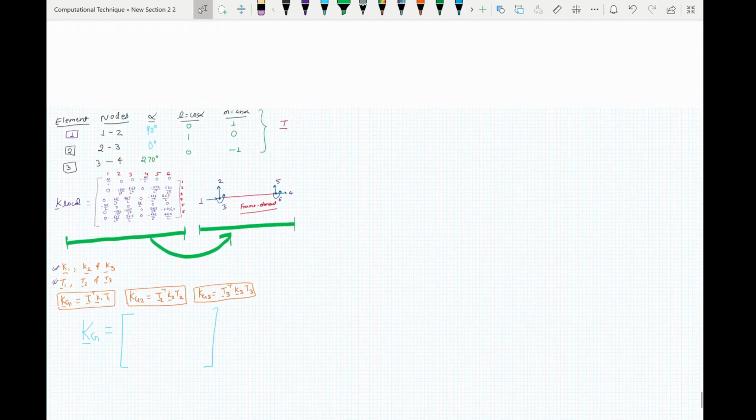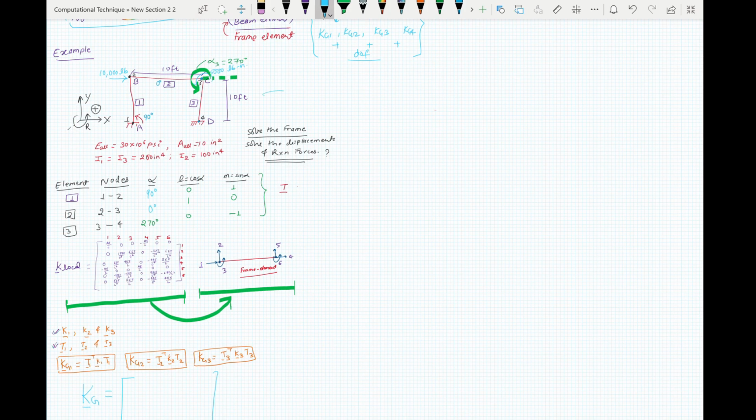Now here, for this frame element, you have three degrees of freedom here, three here, which will be the same here, three here, and three here.